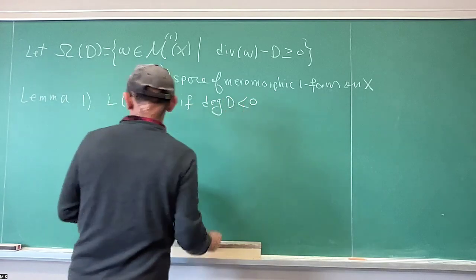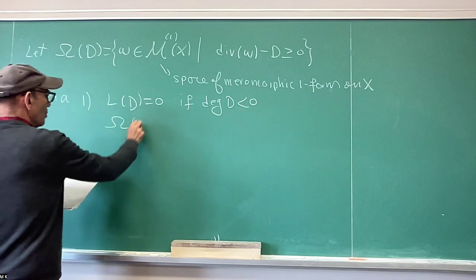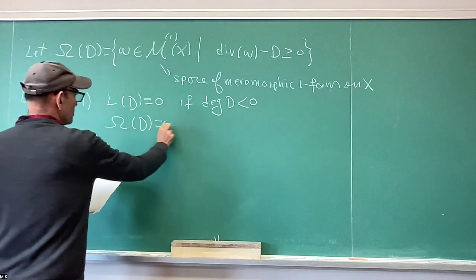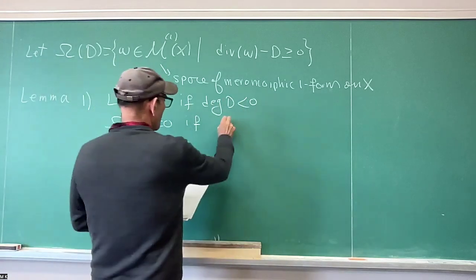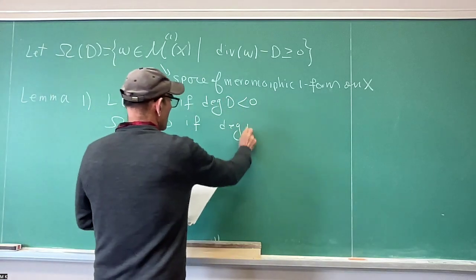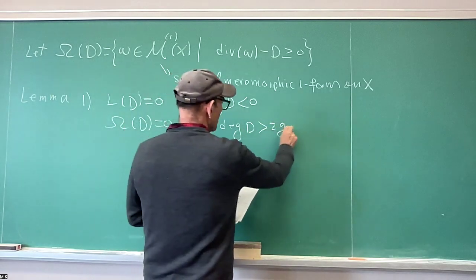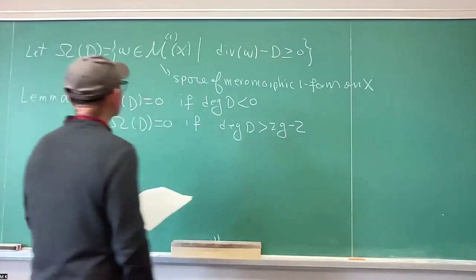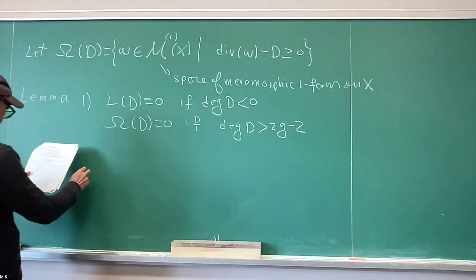And omega of D, this is interesting. Omega of D is equal to 0 if the degree of D is large enough, bigger than twice the genus minus 2.